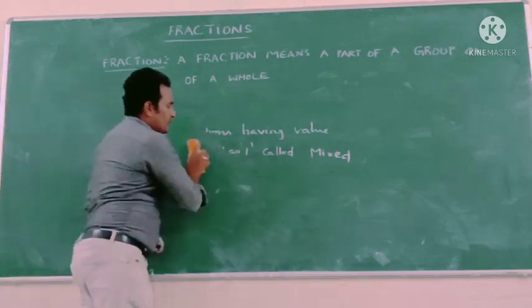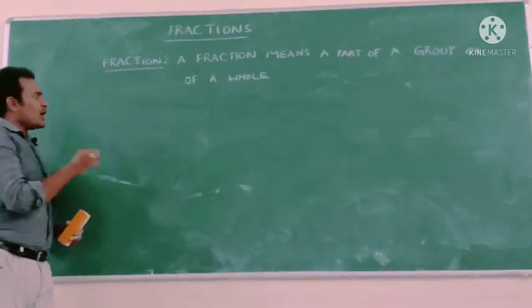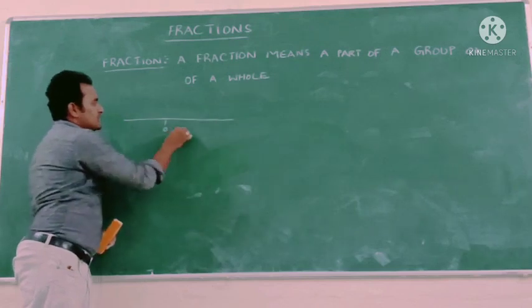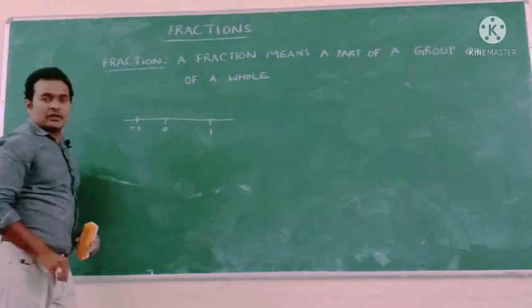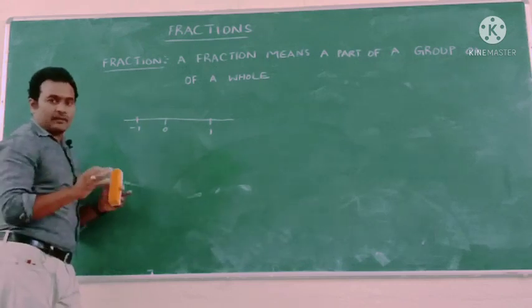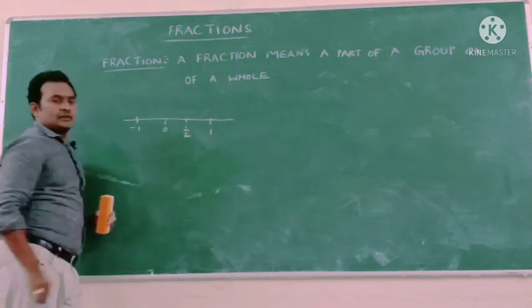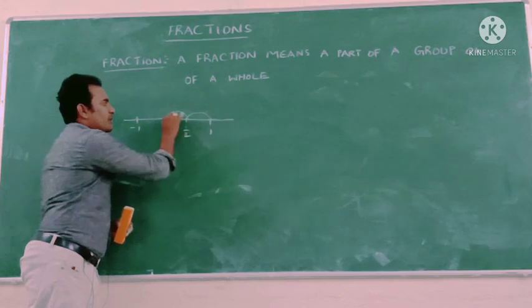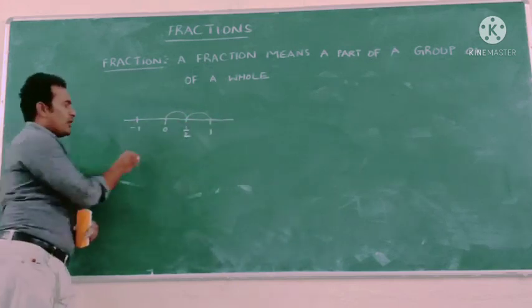Coming to fractional values on the number line. Suppose let us take a number line. This is 0, this is 1 and this is -1. So fractions on the number line: between 0 and 1 there is a half, that is the half value.